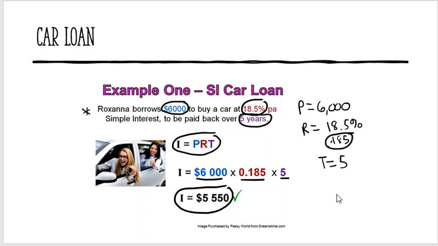Okay, so Roxana borrowed $6,000 for the car, but the amount that it's going to cost her to borrow that amount of money, the interest, is $5,550. So the total cost of the car would be $11,550.